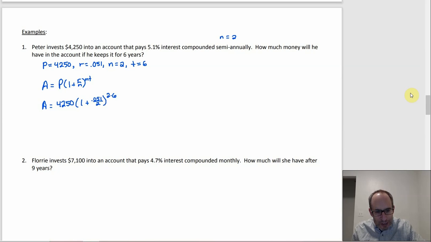I do know what that is in the parentheses simplified down. So this will be 42.50 out front times 1.0255 raised to the 12th power. And if you simplify that and just make your calculator do everything, don't round any intermediate steps off, what you will end up with is $5,749.33. You'll have to round that to the nearest cent, but that's what you get.